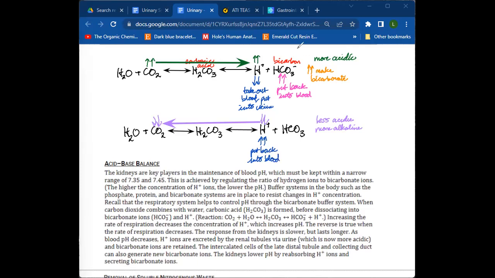And they can also take out bicarbonate. They can take it out of the blood and put it into the urine.